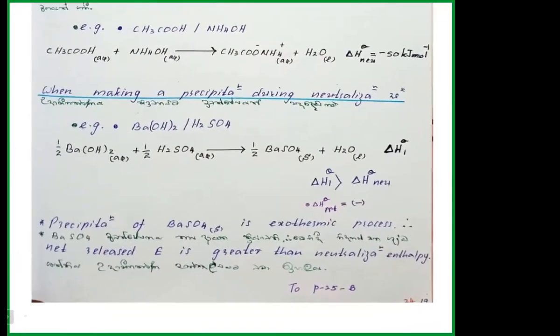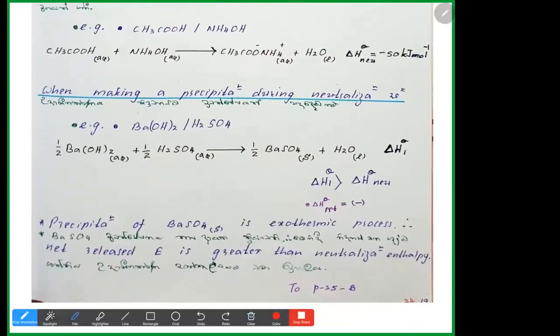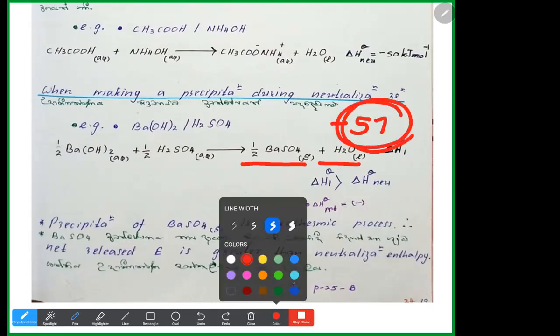Okay, then this part again comes with precipitation. Whatever the precipitation is, it is still the same. But here we are talking about precipitation during neutralization. So barium hydroxide is a strong acid, sorry, strong base. H2SO4 is a strong acid. These two together make barium sulfate and water during the neutralization. So they are releasing exactly minus 57, exactly 57 energy, but at the same time they are making this precipitate.